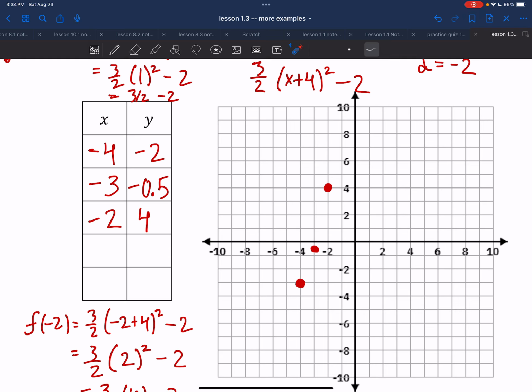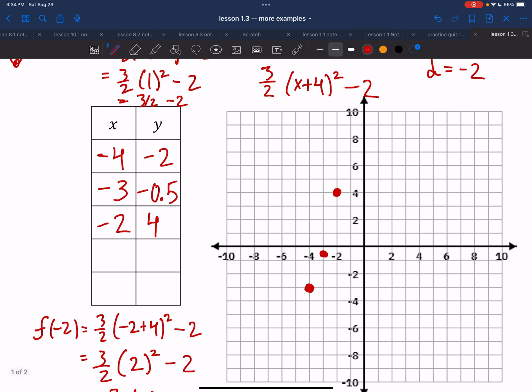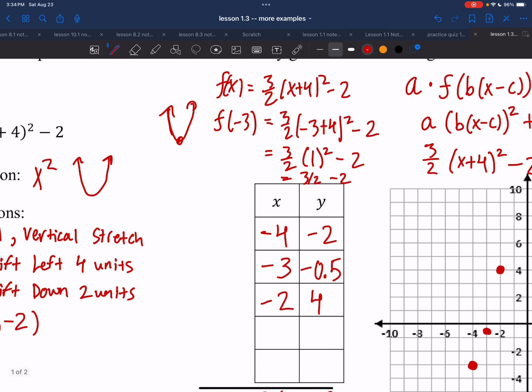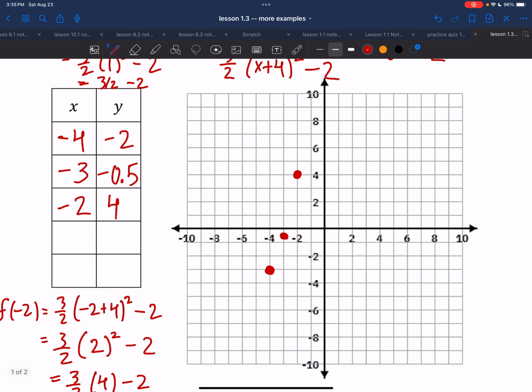Well, something that's nice about knowing where the vertex is: the vertex marks symmetry. You see, on a parabola like this, the axis of symmetry runs right through the vertex. So, where's the axis of symmetry here? It looks like it's right down the middle here.